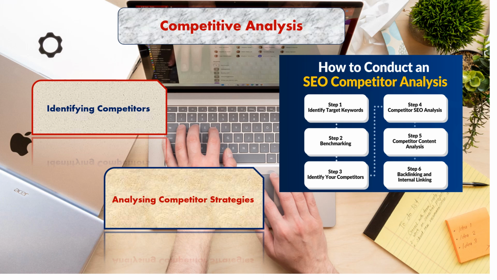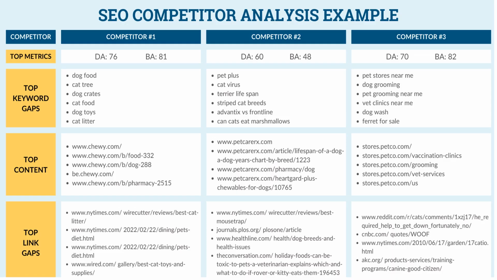Then step 6 is backlinking and interlinking with our work and our content, so that our customer can get good information about our website. Now, this is a format of an SEO competitor analysis. This is an example. You can see here the names of competitors: competitor 1, competitor 2, competitor 3.